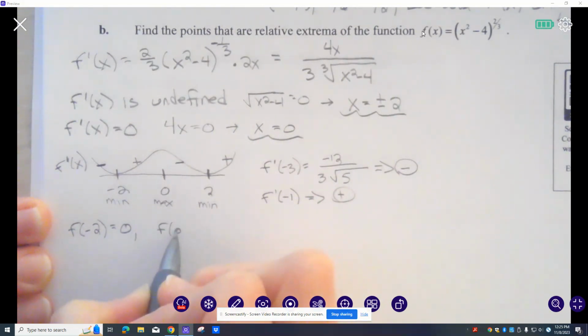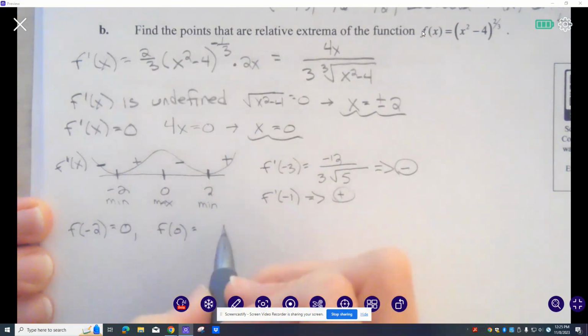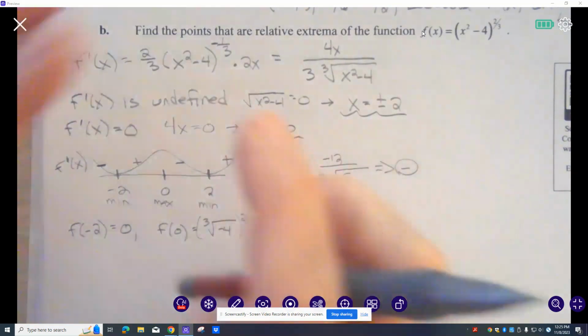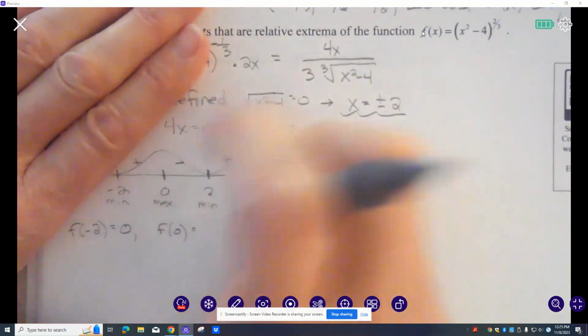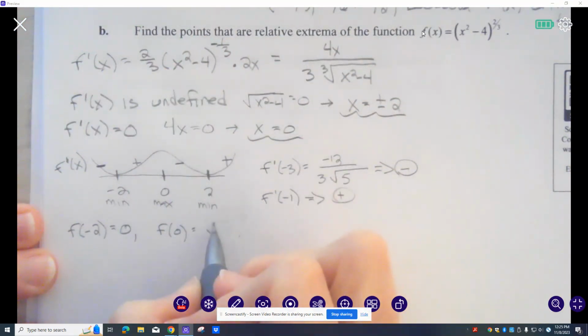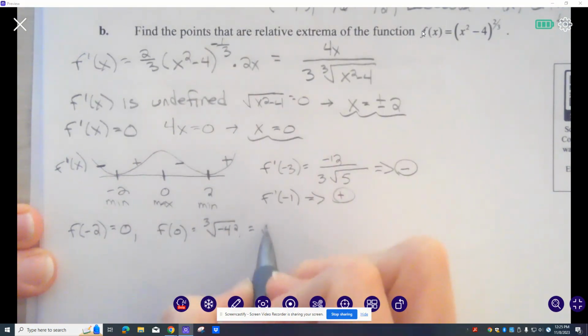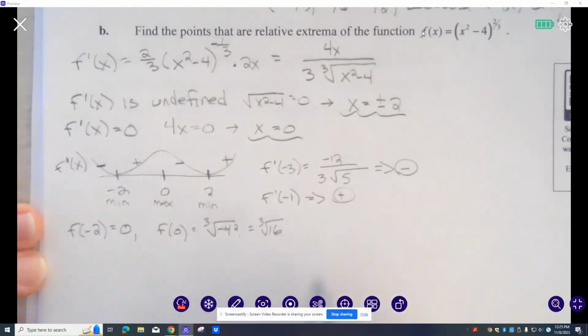I need to find f of 0, which is the third root of negative 4 squared. Actually, I would do it like this. Negative 4 squared, third root, which would be third root of 16, which I can't do anything else with, so that's f of 0. And then f of negative 2, f of positive 2 is 0.